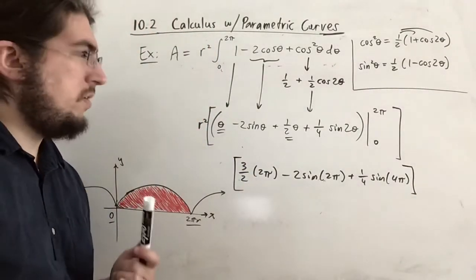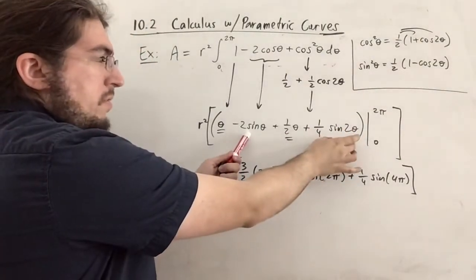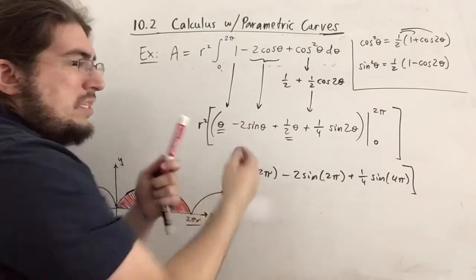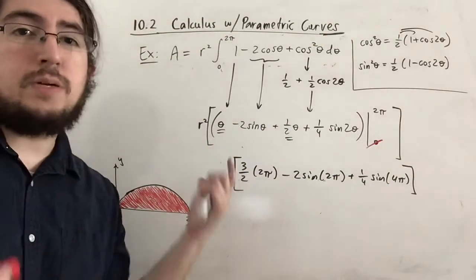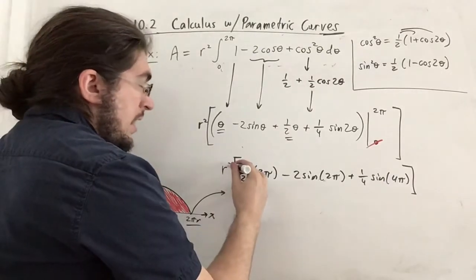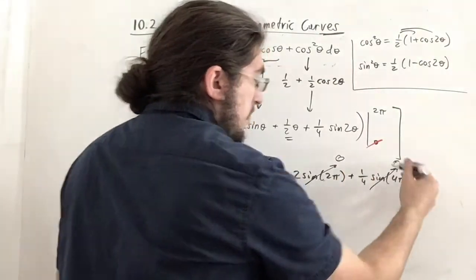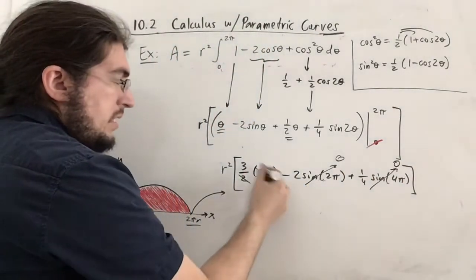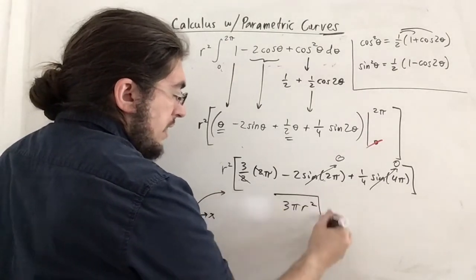Sine of 0 is 0. So for these two, these will both be 0. And when you plug 0 into theta, you'll also get 0 actually. So we don't even need to do that one. It'll just be -0. And this is, of course, multiplied by r squared. And again, sine of 2 pi is 0. Sine of 4 pi is also 0. So these cancel. So we're left with 3 pi r squared actually as our final answer.